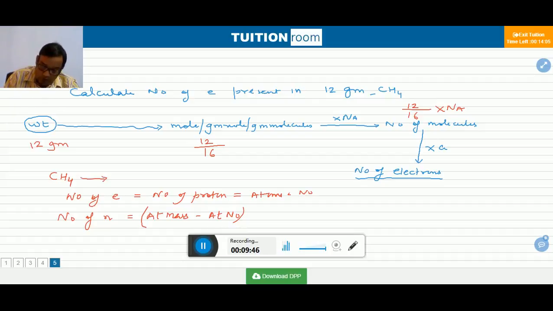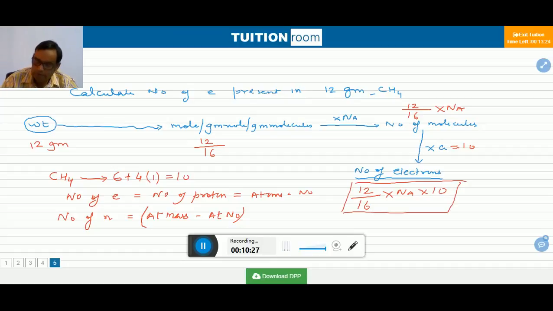The atomic number of carbon is 6, so carbon consists of 6 electrons. Hydrogen is 4 times, and hydrogen atomic number is 1, so it is 1 each. The total is 10. The value of A is here 10, because 10 is the number of electrons present in one molecule of CH4. So therefore number of electrons is 12 by 16 into Avogadro number into 10.